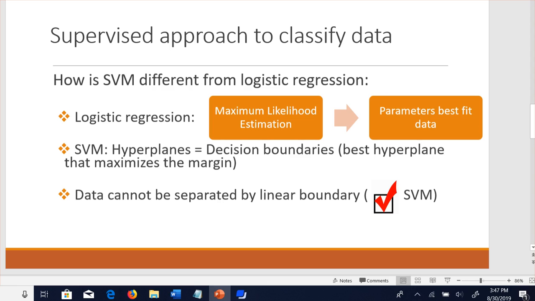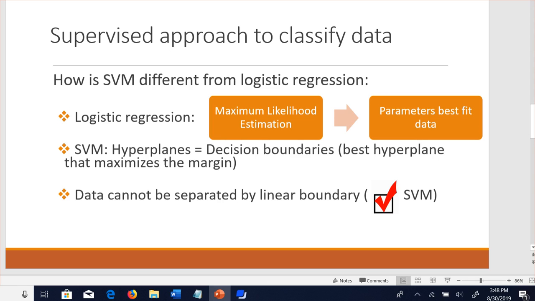The support vector machine uses hyperplanes as decision boundaries to classify data. The best hyperplane often maximizes the margins. You can think of the margins as a line or something non-linear that classifies our data into different groups.